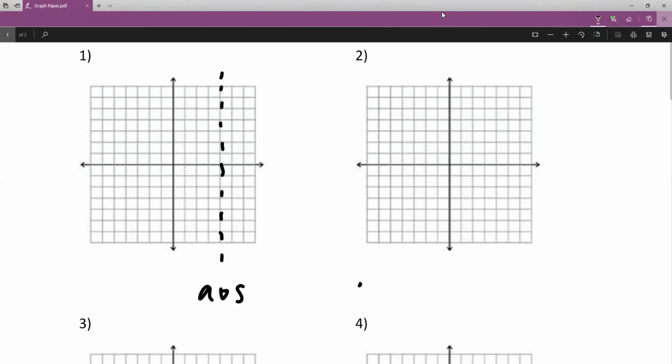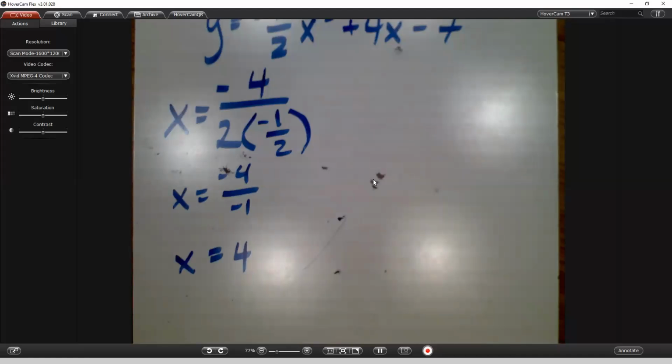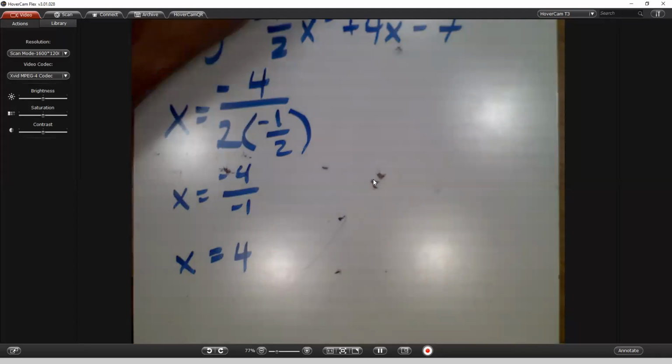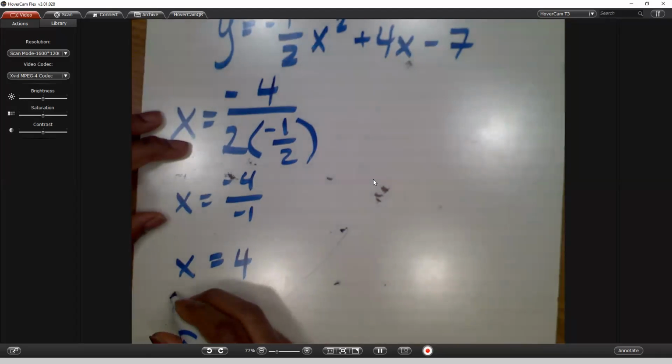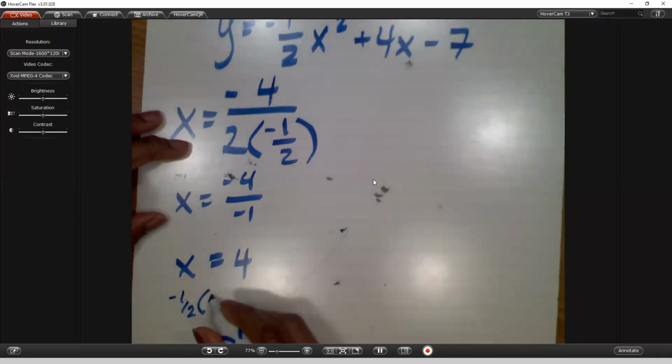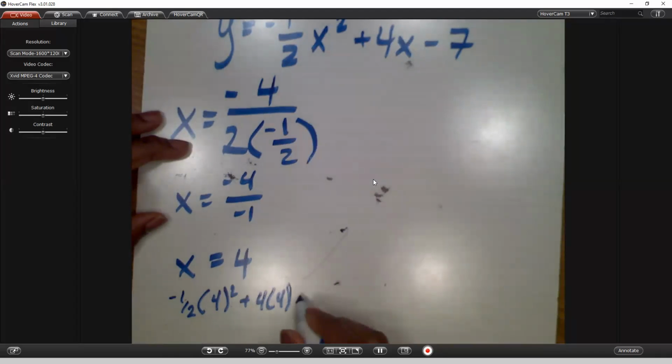From there, we're going to continue and find out where the vertex should be. We can do that by just plugging our values into the equation. So -1/2 times 4 squared plus 4 times 4 minus 7.